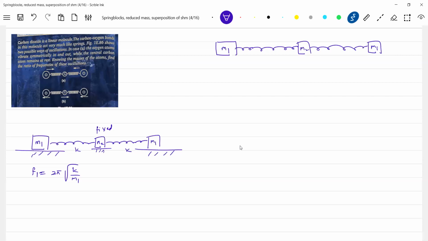Initially, I'm going to displace them. I'm going to move all the blocks. This M1, you try to see the way I'm displacing it. This M2.